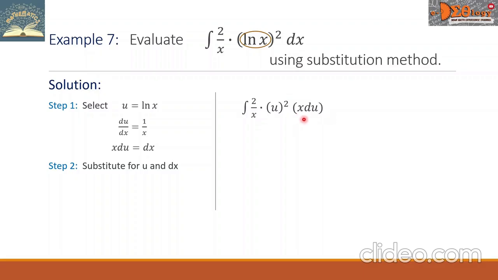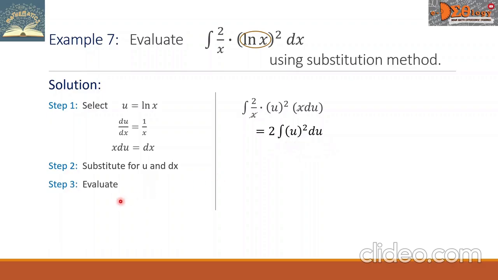Let us simplify. We can cancel the x and the x down here. And then let us write again our problem. The constant 2 we can write outside of the integral. So 2 times the integral of u squared du. There is no more x in our function here.